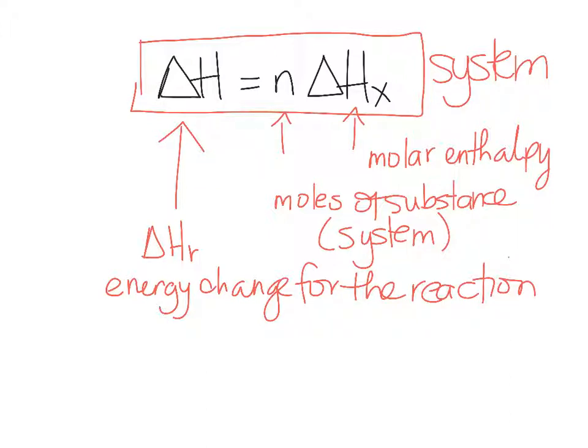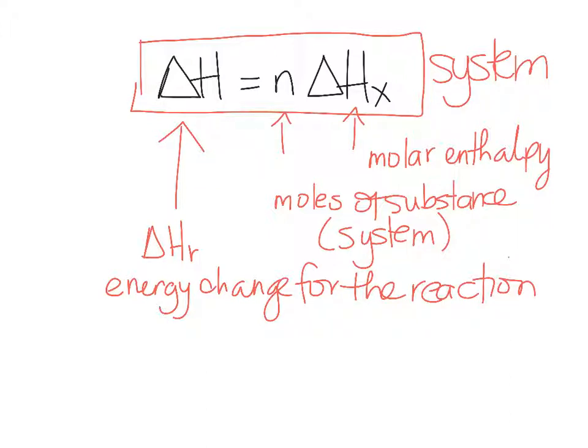R for reaction. So the change for this reaction depends on the quantity of the substance that's in our chemical or physical change. So delta H will change, delta HX is a constant.